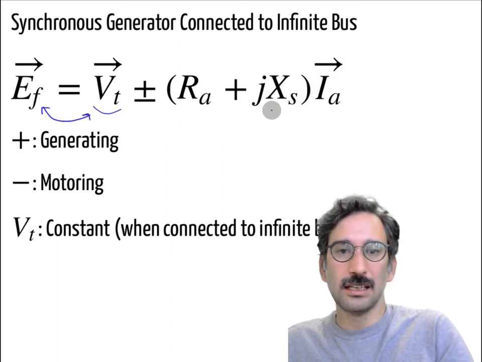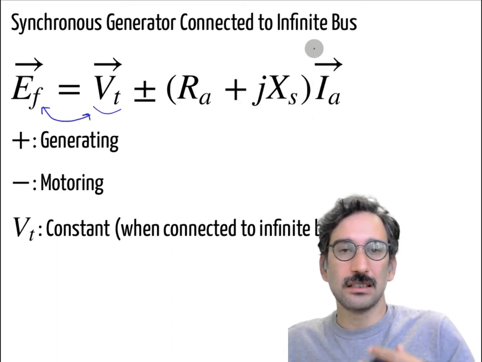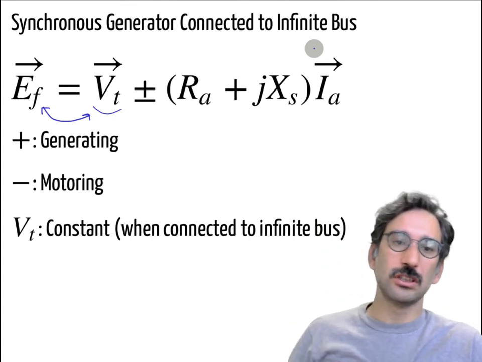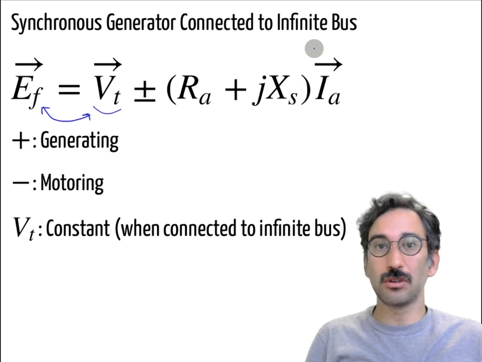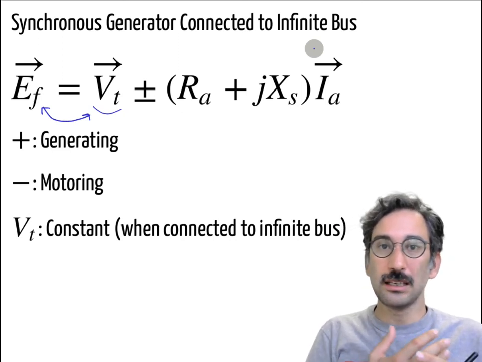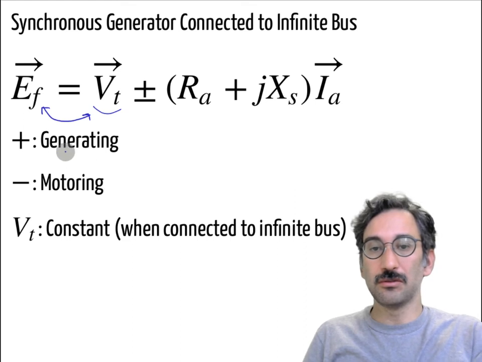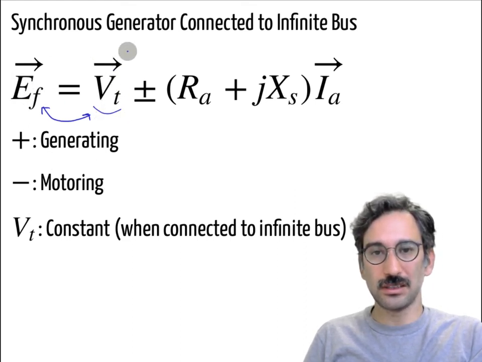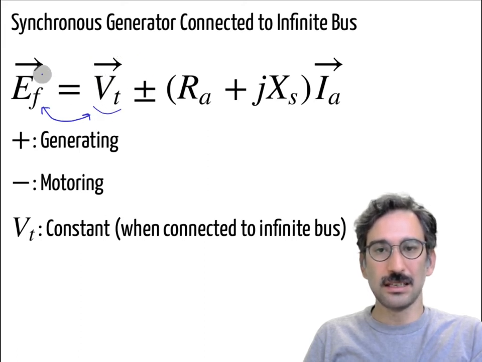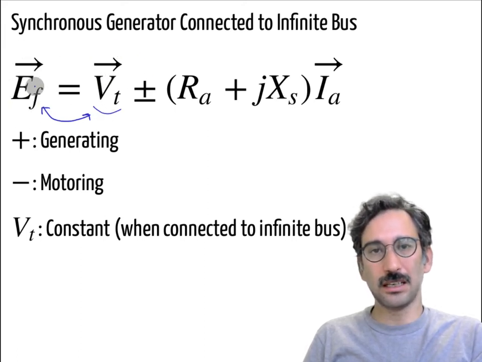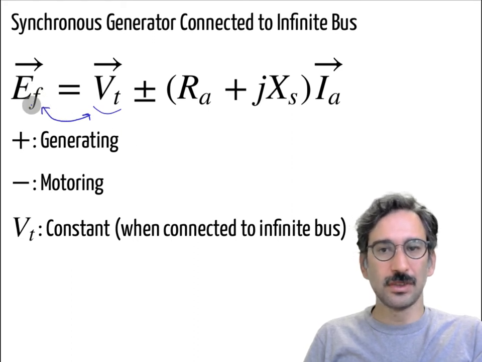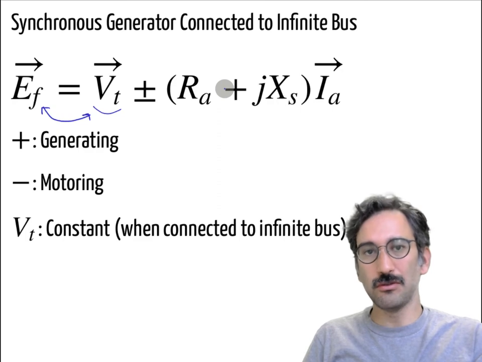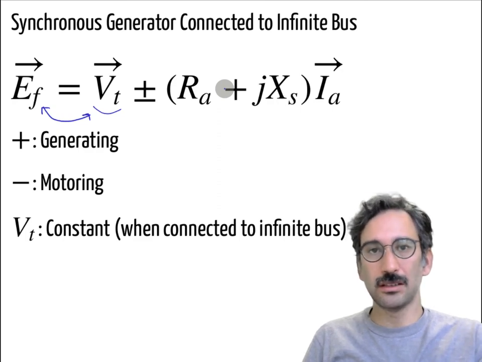So you can calculate whether the machine is going to operate in motoring mode or in generating mode, or whether it is going to work in leading or lagging mode, directly by using the relation between EF and VT, because VT is constant and EF can be controlled by IF. So by changing IF, you can actually control how much current is going to flow or what will be the power factor of that current.